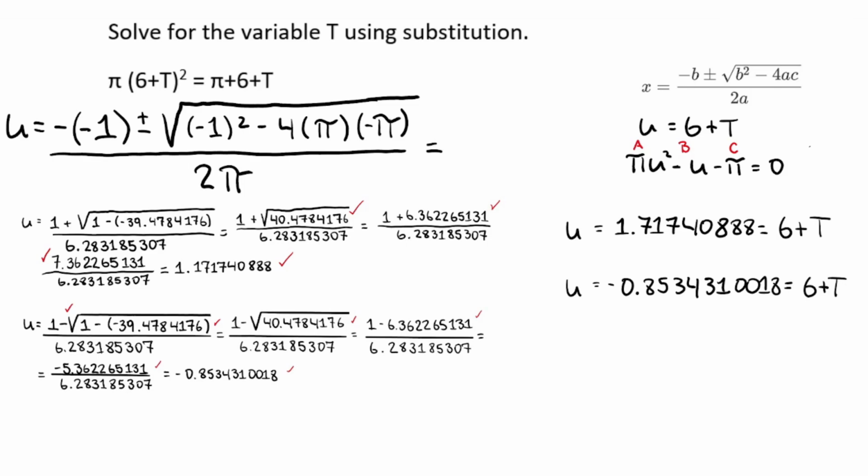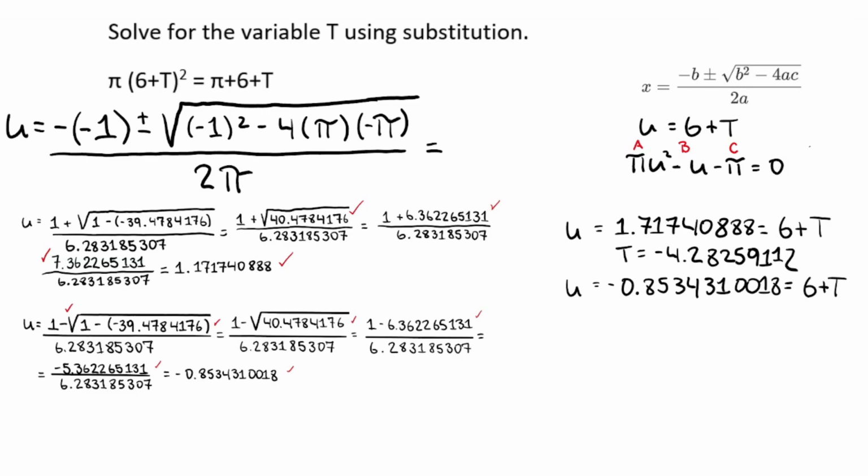So let's do the first one. Your first t value will equal -4.28259112.